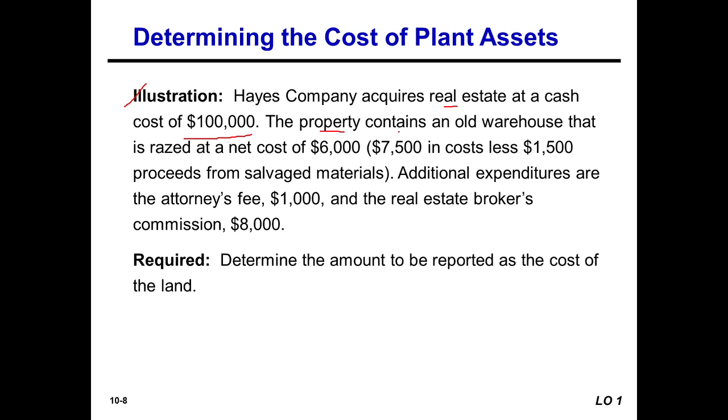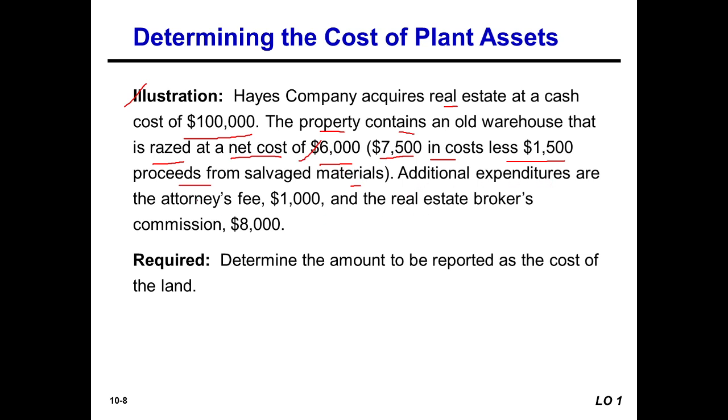The property contains an old warehouse that is razed, that means removed, at a net cost of $6,000: $7,500 in cost less $1,500 proceeds from salvaged materials. So this $6,000 is the main figure.